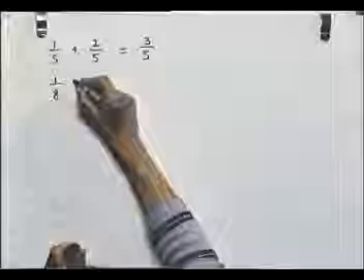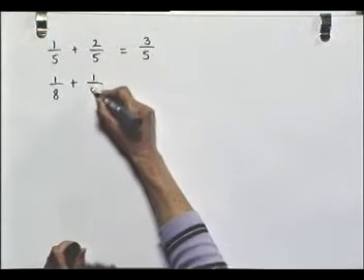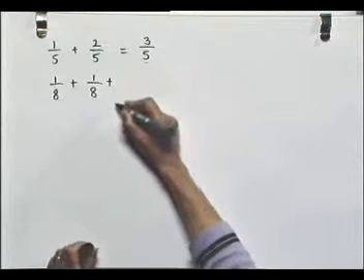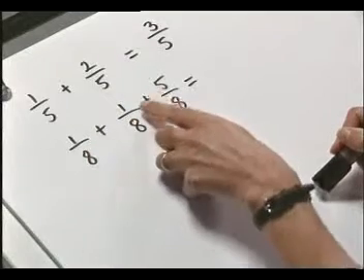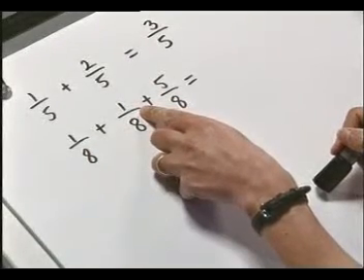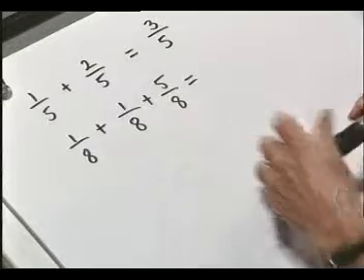Let's have a look at another example. Let's say we have 1/8, another 1/8, and 5/8. So in the same way, I have 1/8, another 1/8, so that's 2/8, and then 5/8 to add on.